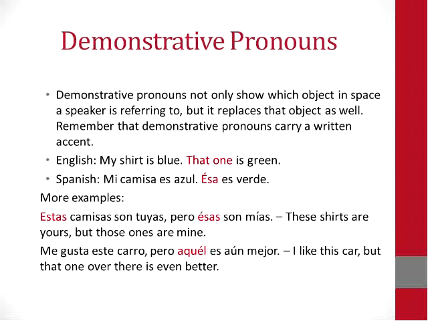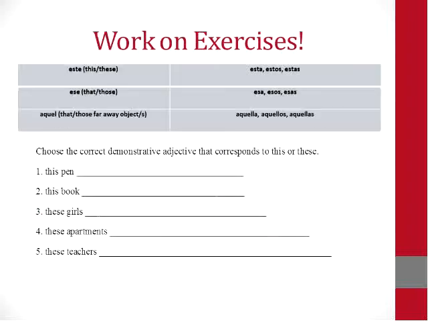More examples. Estas camisas son tuyas, pero estas son mías. These shirts are yours, but those are mine. Me gusta este carro, pero aquel es aún mejor. I like this car, but the one over there is even better. So that's how you can distinguish the adjectives from pronouns.